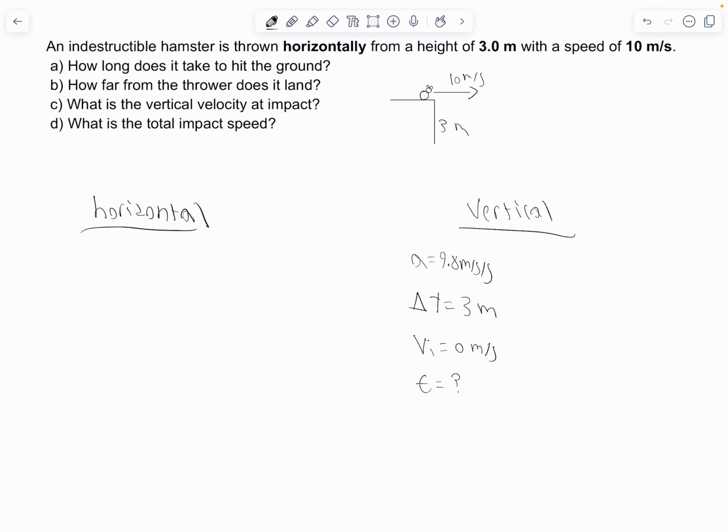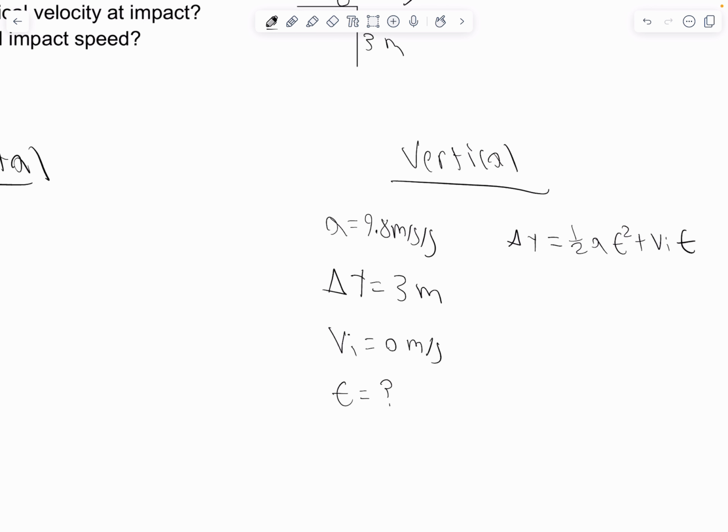All right, so with that being said, we are looking for the one equation that does not have VF in it. And if you go to the top and you look, you will see that you have change in distance equals 1/2 AT squared plus initial velocity times time. So we start plugging in our numbers, right?